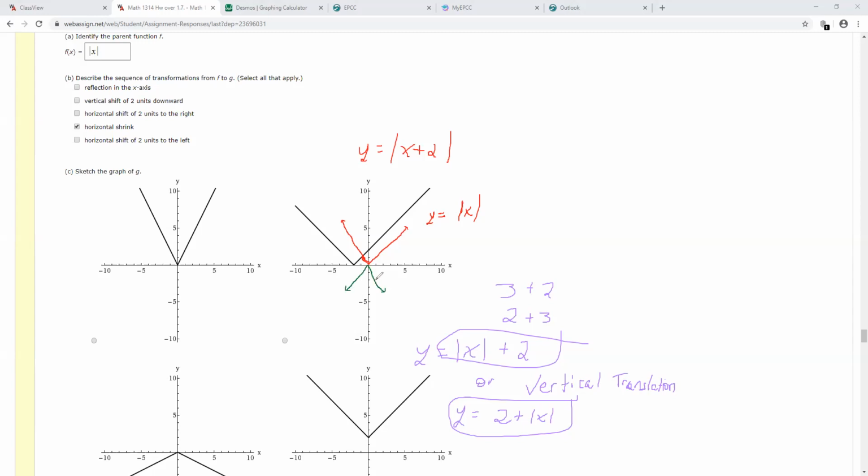And then it was compressed. I should have been more careful, but now this distance is compressed closer to the x-axis. So this is actually two things, a reflection over the x-axis and then a vertical compression, or you can call it a shrink. I should just use one word, but a shrink, okay.